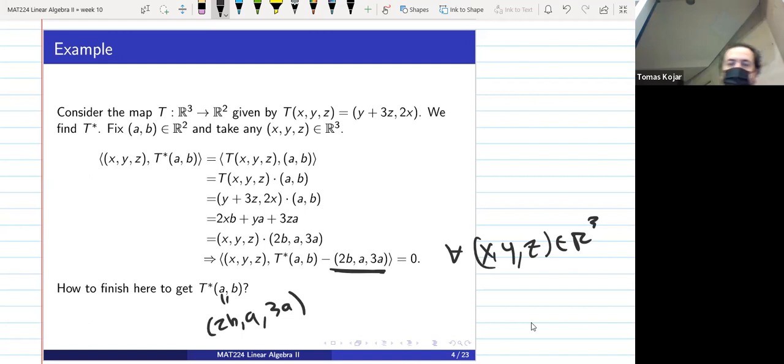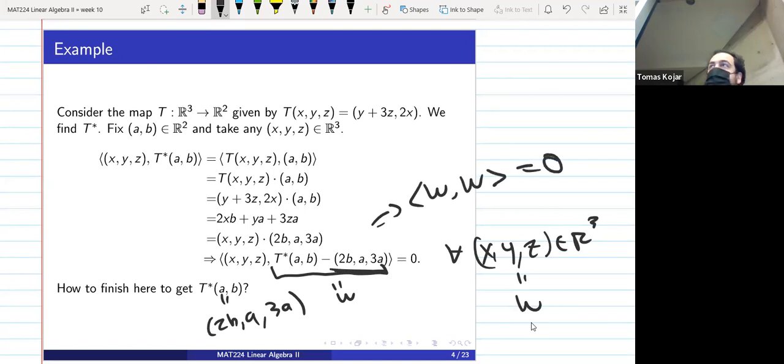A quicker way is to take X, Y, Z to be this number here, call it W. Then you get that the inner product of W with itself is 0, and then by positive definiteness of the inner product, W is 0. It's the proof that the only vector orthogonal to everybody is the 0 vector. That's how you prove things with inner products: when you want to show that two things are equal, you bring everything to one side and use orthogonality.